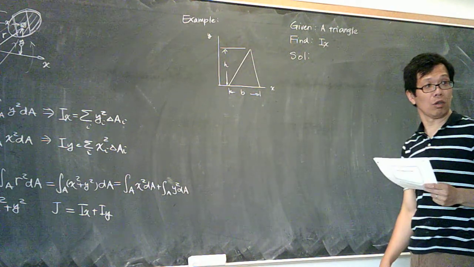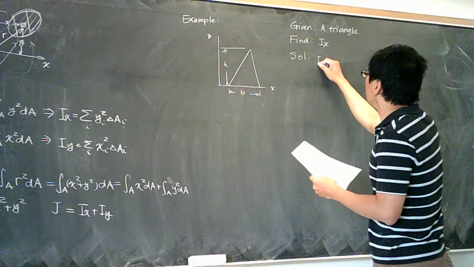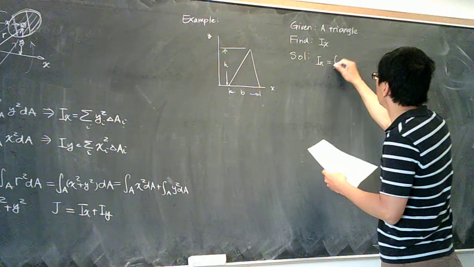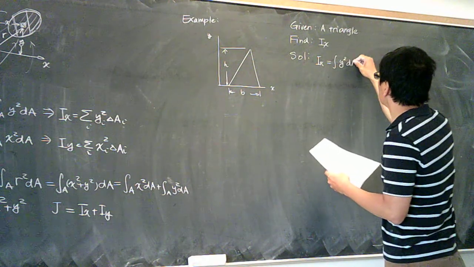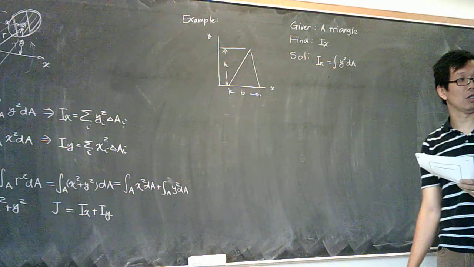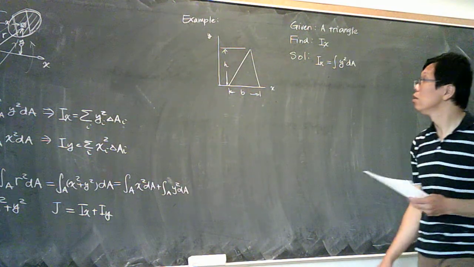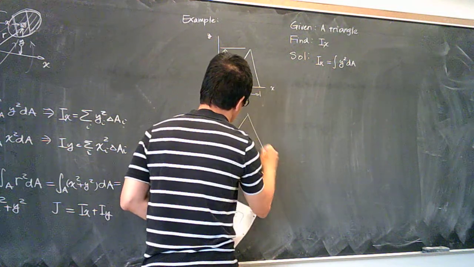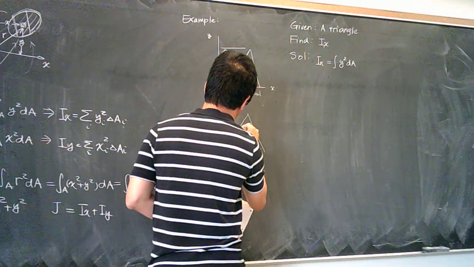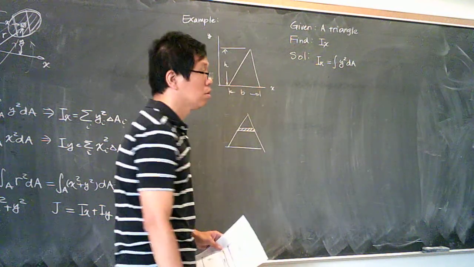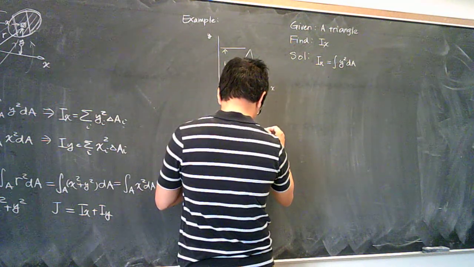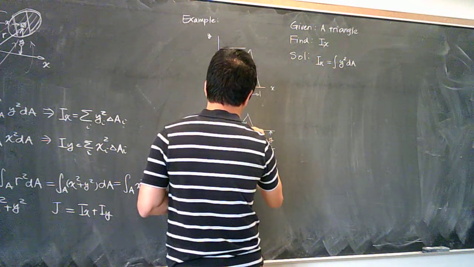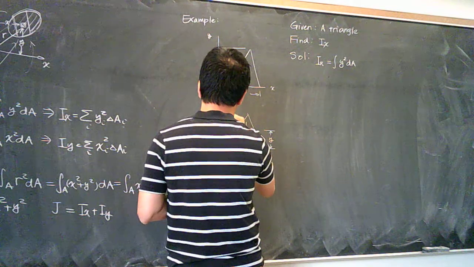Which direction are we talking about over here? Based on the definition, it is y squared dA, right? So we need the distance from the bottom to here, which means if I cut this into small pieces, and we know this is y, the height over here is dy.